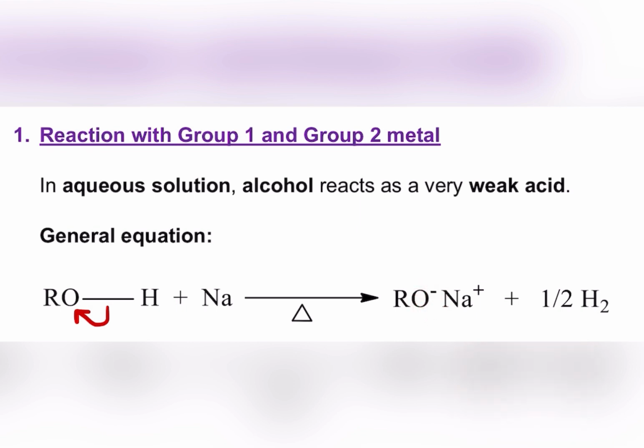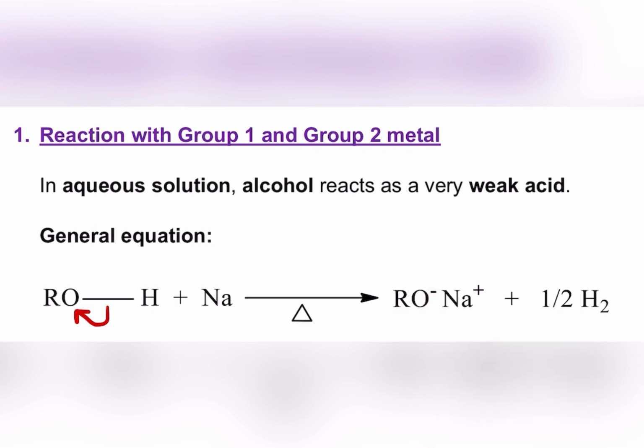What's next? You have sodium, which, in order to achieve stability, will donate one electron so that the charge will be Na+ for the ion itself. Right now, Na+ will be attracted to the negative charge of O-.